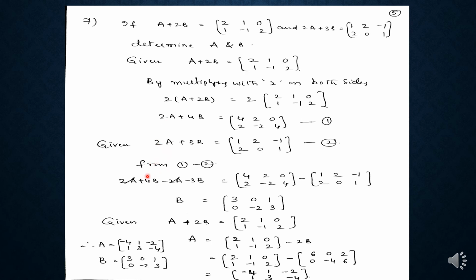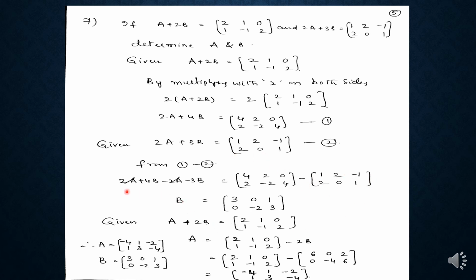By subtracting these two equations, we will get the value of b. 2a will be cancelled. That is, 2a plus 4b minus 2a minus 3b is equal to 4 2 0, 2 minus 2 4 minus 1 2 minus 1 2 0 1.